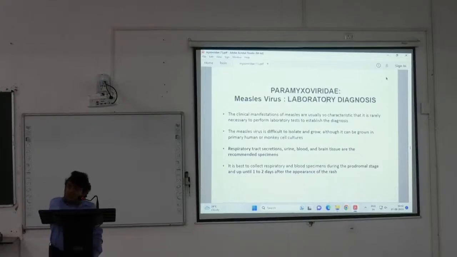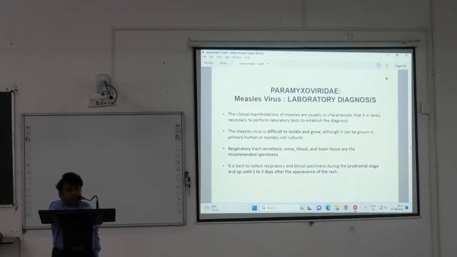Now coming to diagnosis. Measles is commonly a clinical diagnosis. Okay. However, laboratory diagnosis can be done. Although I have already said the cell culture techniques were previously done, they are difficult. Hence, commonly respiratory secretion, urine, blood are sent for reverse transcriptase PCR, simple.